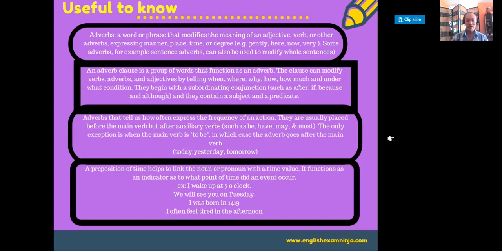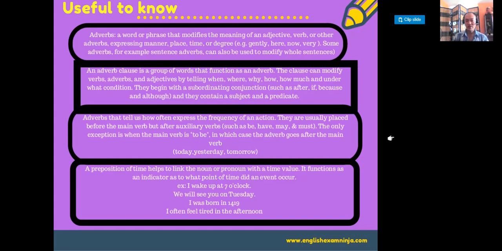Okay, next we have adverbs that tell us how often, expressing the frequency of an action. They are usually placed before the main verb but after auxiliary verbs such as the be verbs. When you say be verbs, these are am, is, are, was, were.